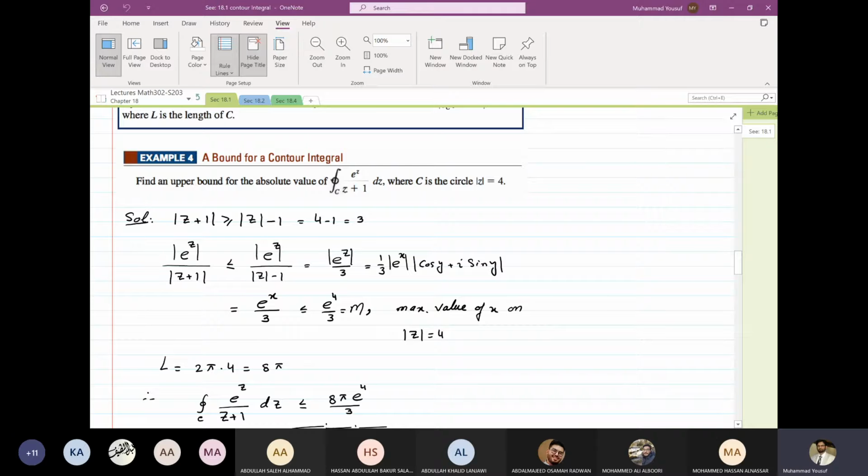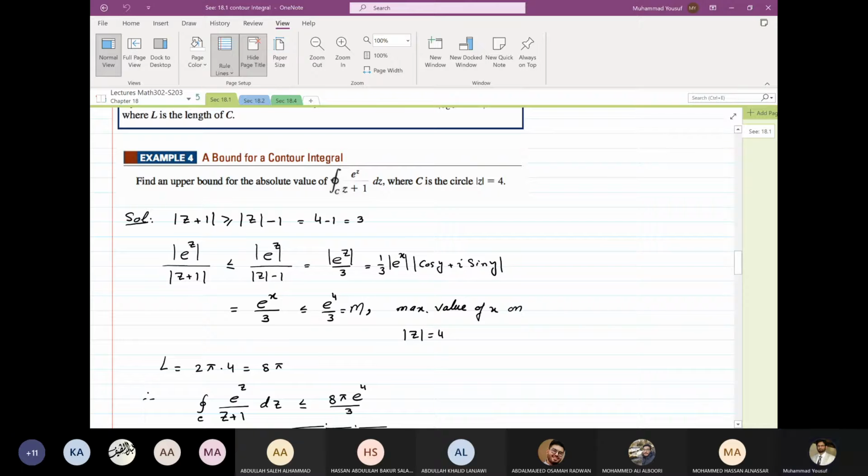So when x is the smallest, we have the smallest value, and that will be 3. So the absolute value of z plus 1 has smallest value 3 on the curve absolute value of z equal 4, and all other values will be greater than or equal to 3.